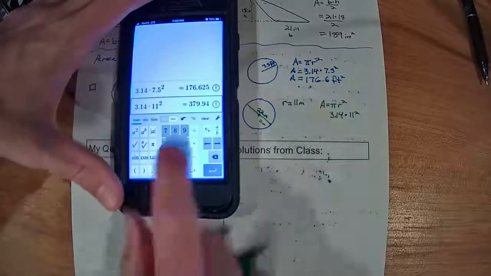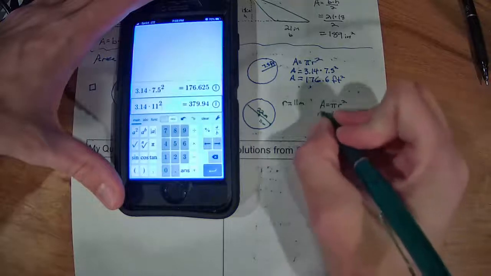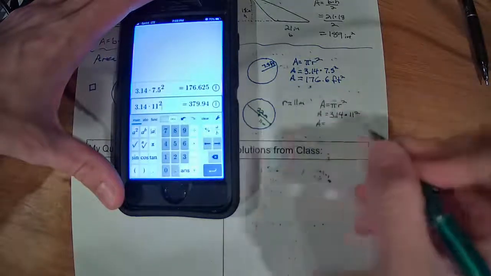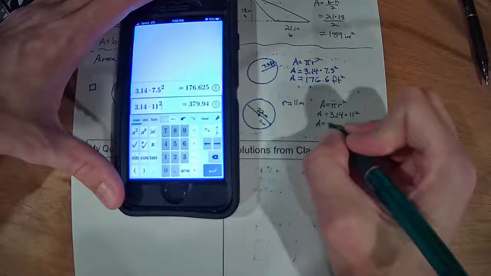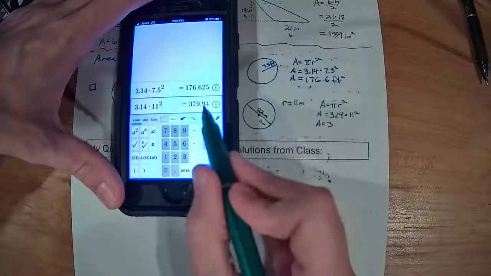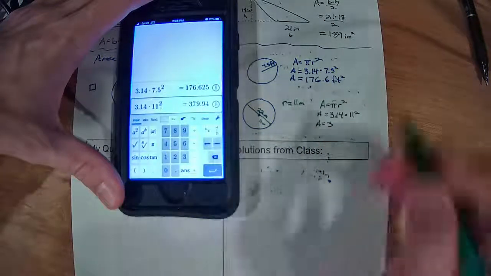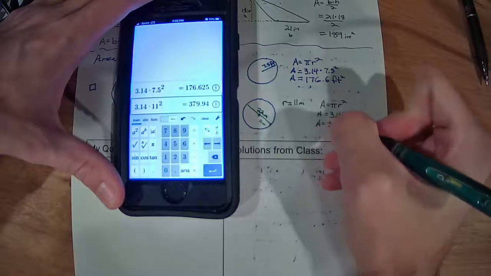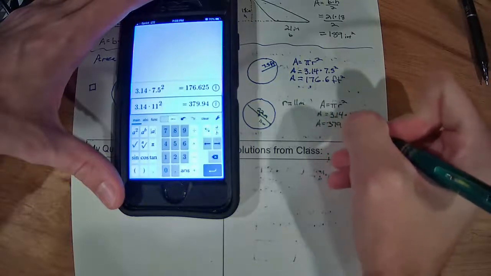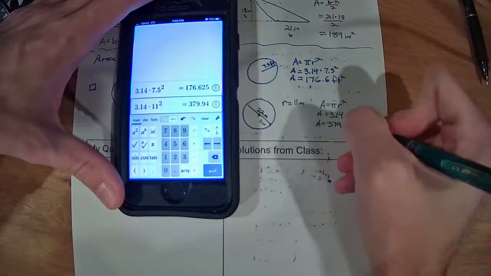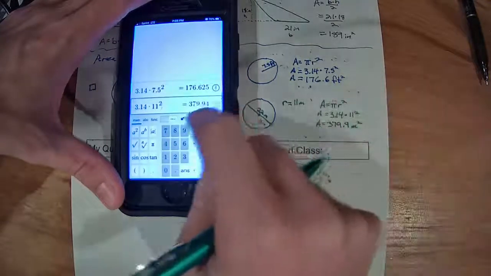There we go. We're going to see that our area for this circle is 379.9. Notice, if we're rounding to the tenths position, that's a 4, so we'll round down. So 379.9 meters squared.